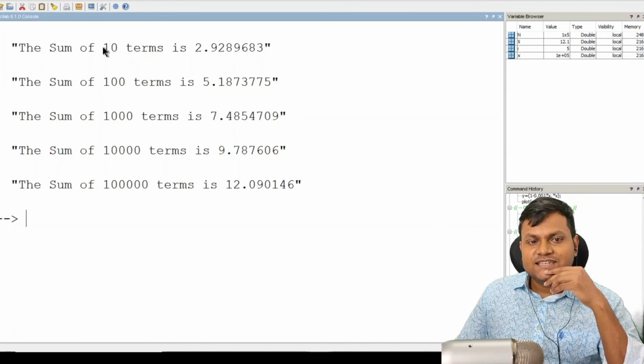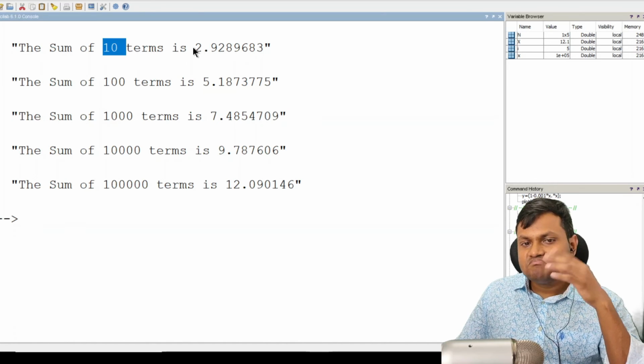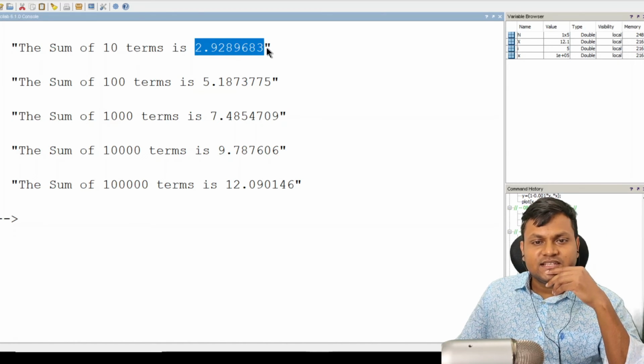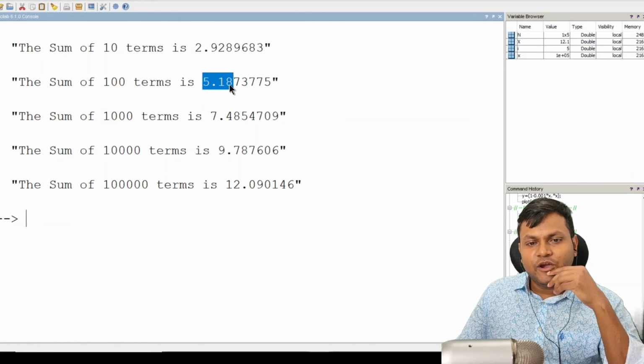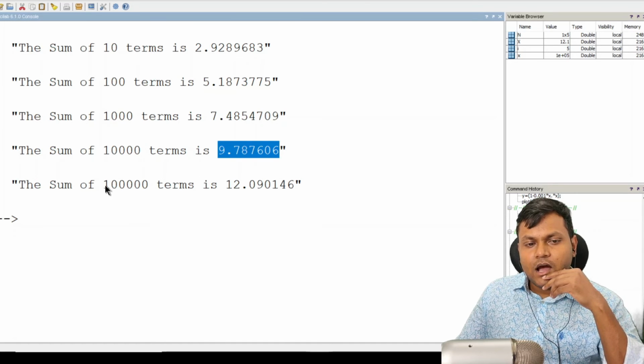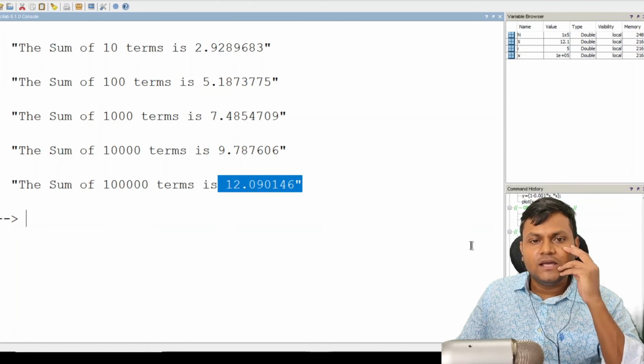The sum of the first 10 terms is something like 2.92896. The sum of the first 100 terms is 5.187, 1,000 terms 7.485, 10,000 terms 9.787, 100,000 terms 12.09, and on and on.